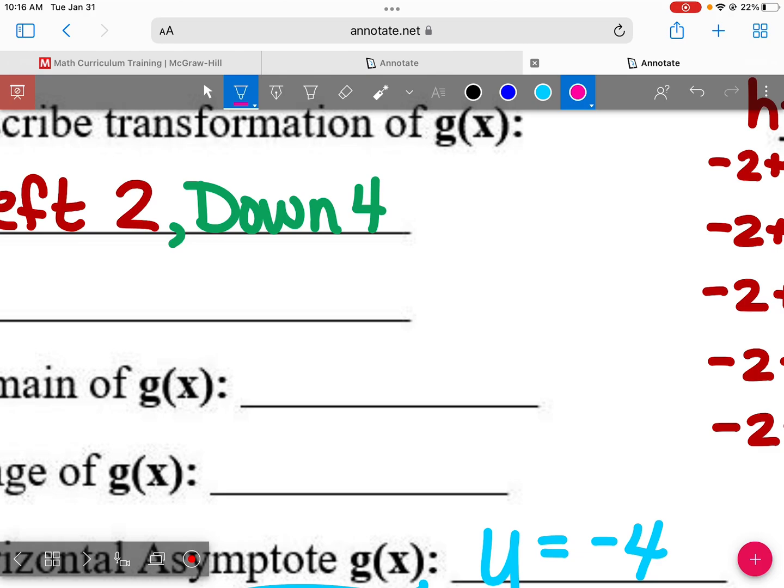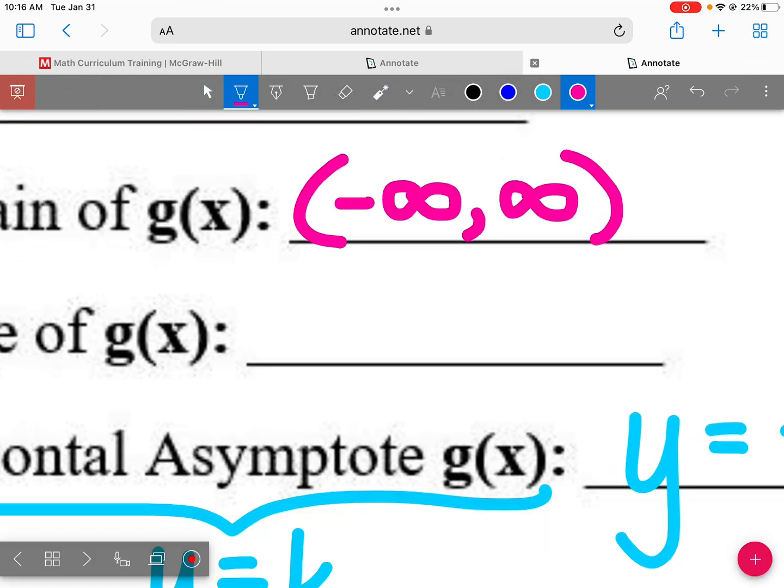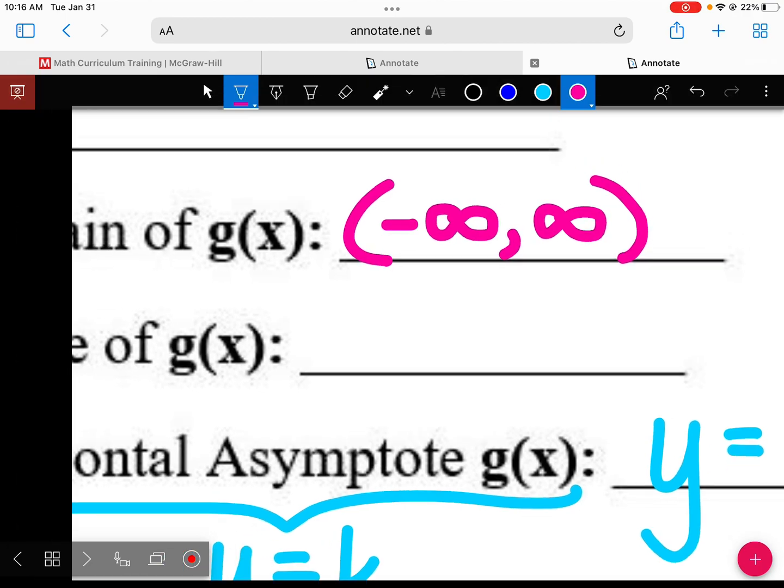What is our domain? What types of numbers are we allowed to choose for x here? All real numbers, so negative infinity to positive infinity. Our range, now I'm looking at the y values, the outputs.